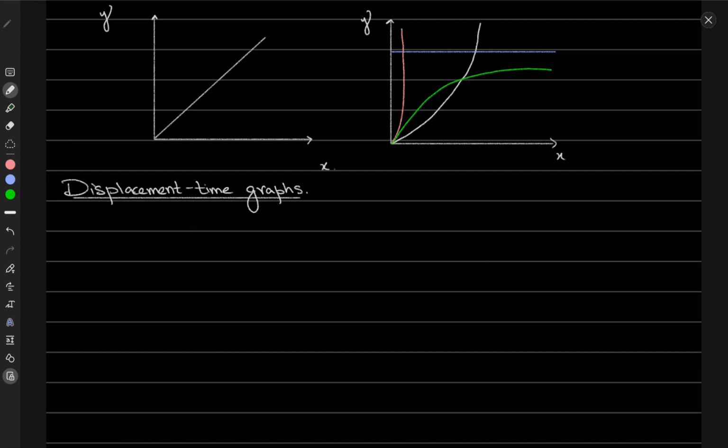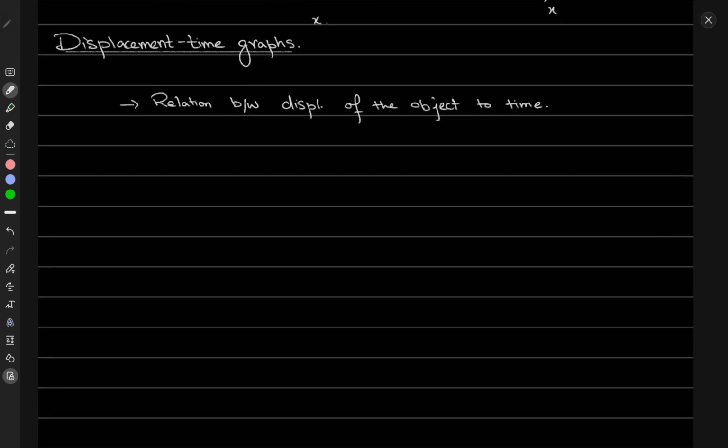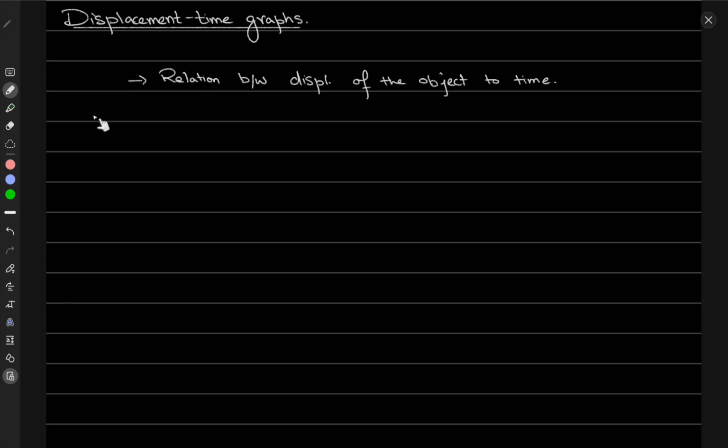So I can say that we have a relationship between the displacement of the object and time.